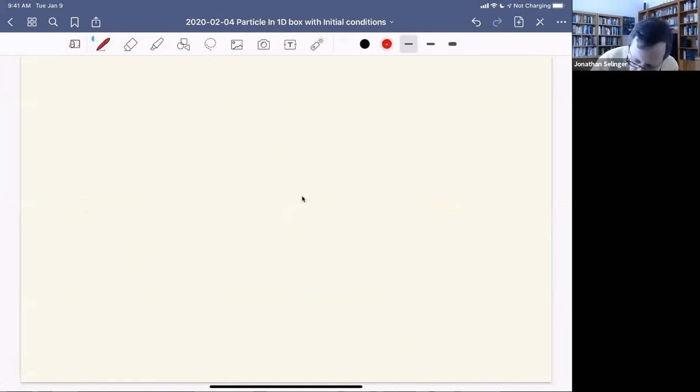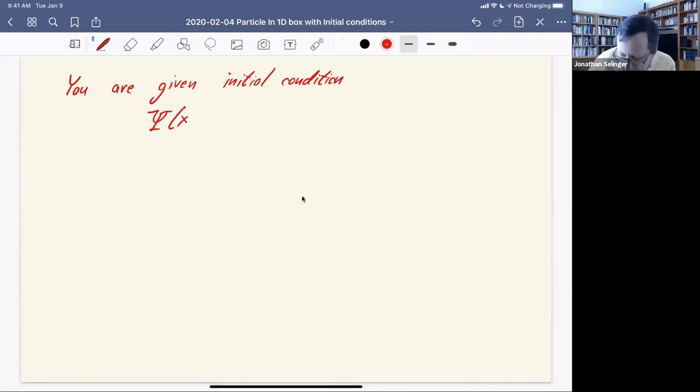Suppose you are given the initial condition, which is that psi of x at time t equals 0 is some f of x.